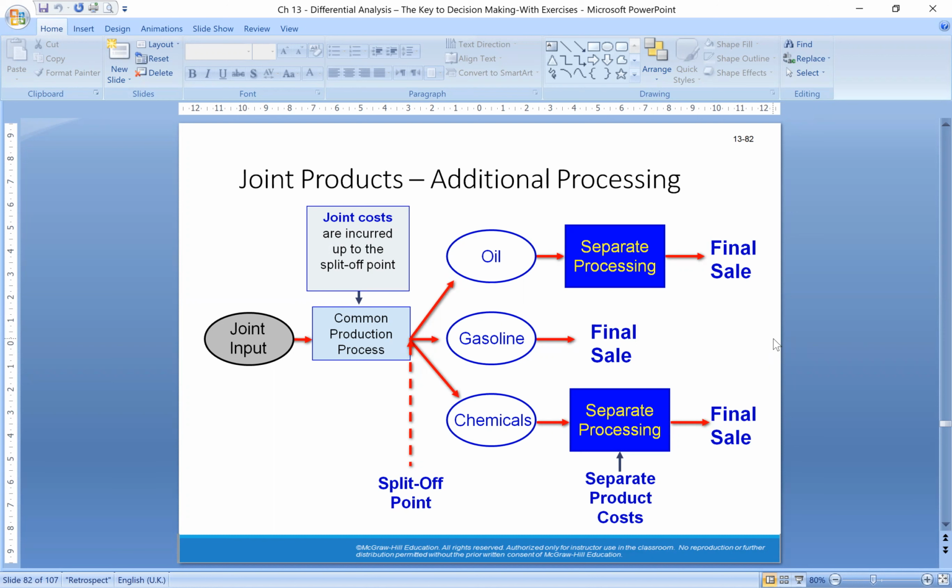The information we don't use is the cost of the raw product, which is called the joint input or the joint cost. So the joint cost is allocated here, but it will not be considered for your decision to sell here or to sell further. Okay, that's all. Thank you.